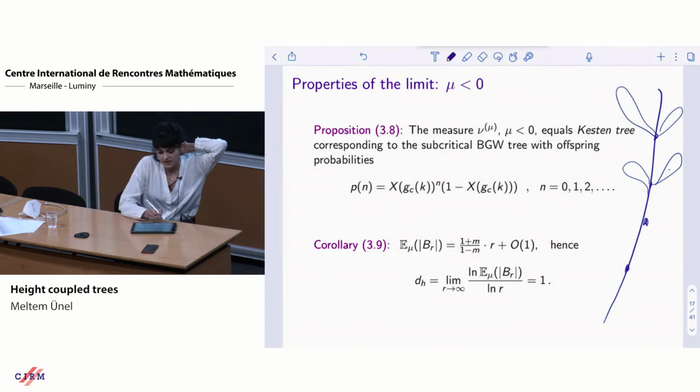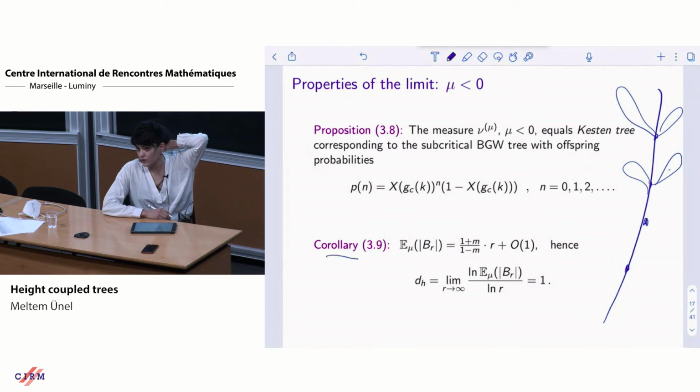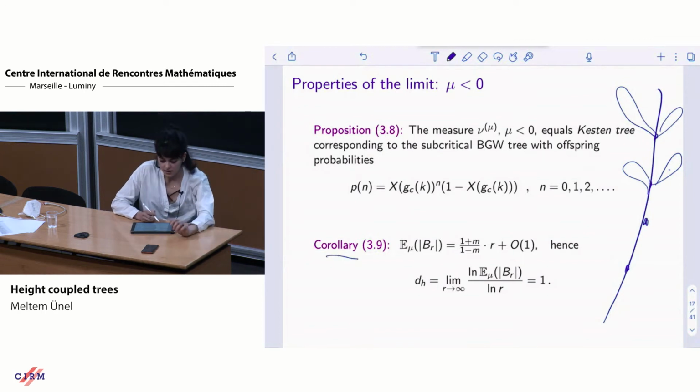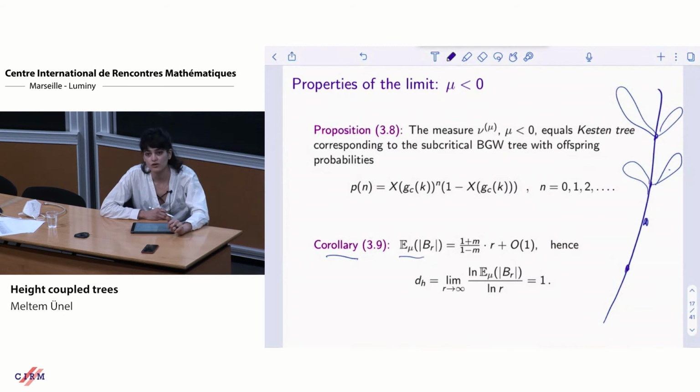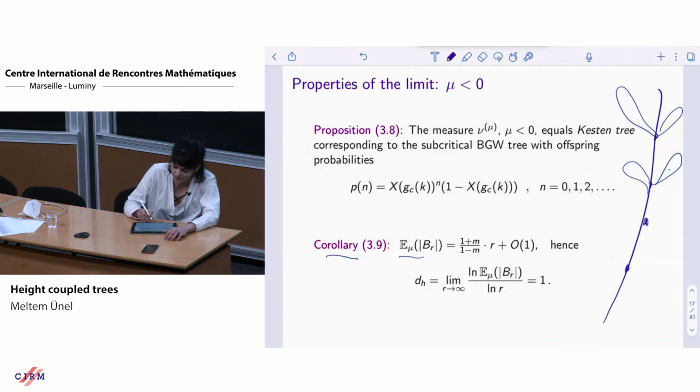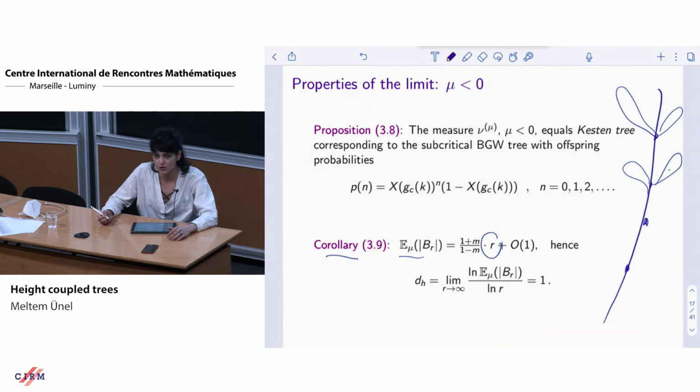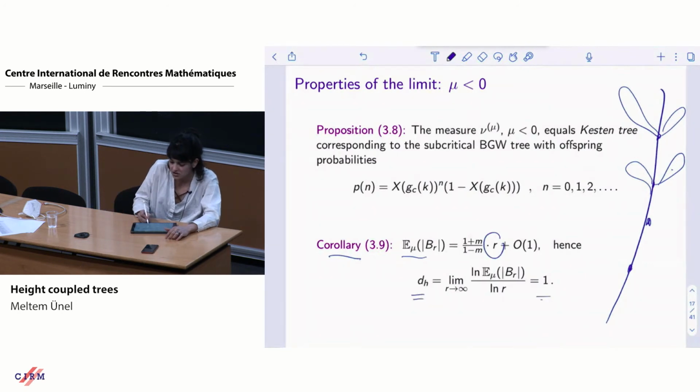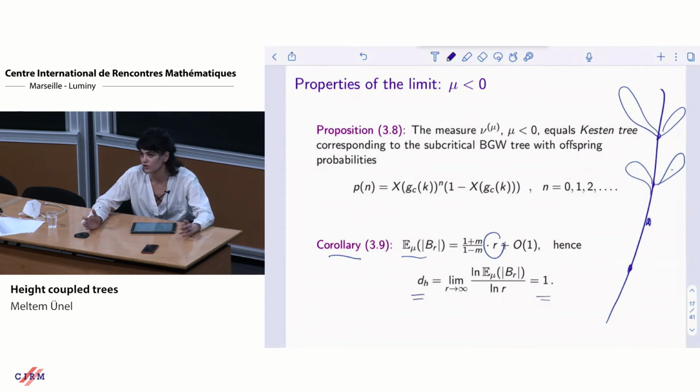Okay, and the following corollary follows: if I calculate the expected value of the volume of the balls around the root for the trees, it comes out to be linear in R, which means that the Hausdorff dimension is equal to 1, but this is already known for the Kesten tree.